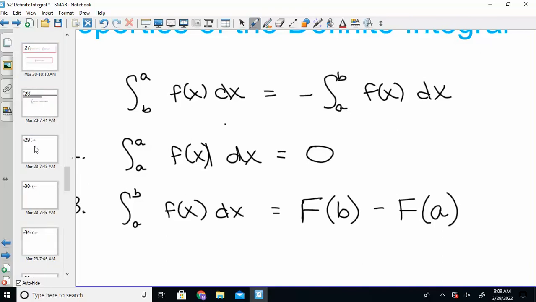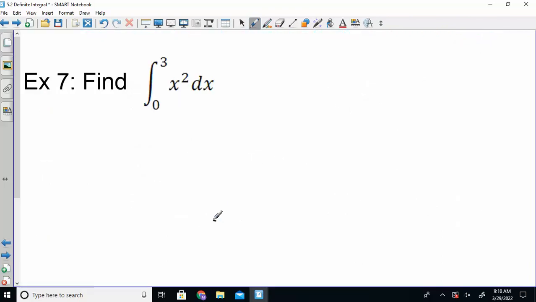So, let's look at a problem. This is one we did a couple times already. We did it yesterday, I think, with the midpoints. We used the midpoint to estimate it.